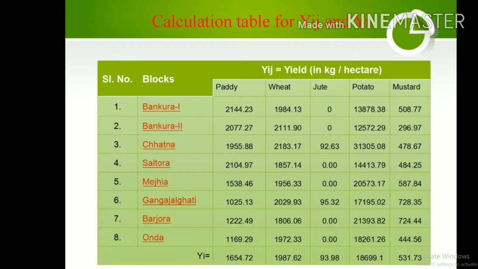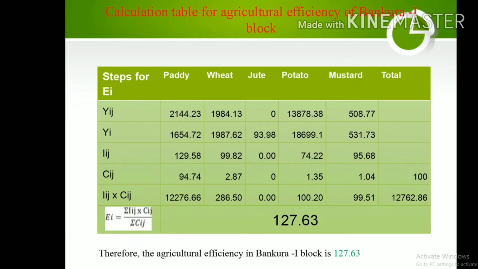After calculating the value of Cij, Yij and Yi for all the blocks, you have to calculate the agricultural efficiency for each block. Let's do first for Bakura 1 block. The table shows the agricultural efficiency of Bakura 1 block.